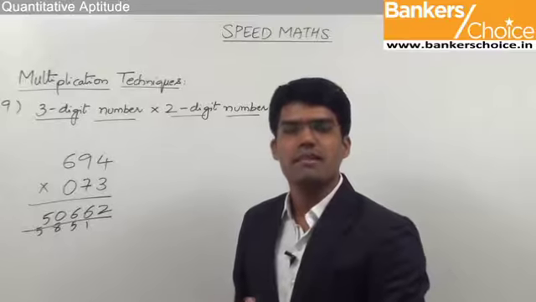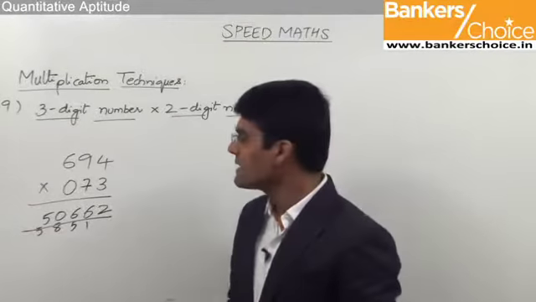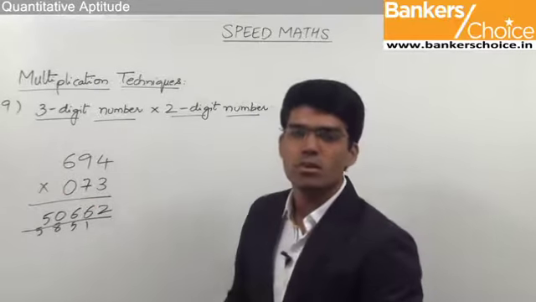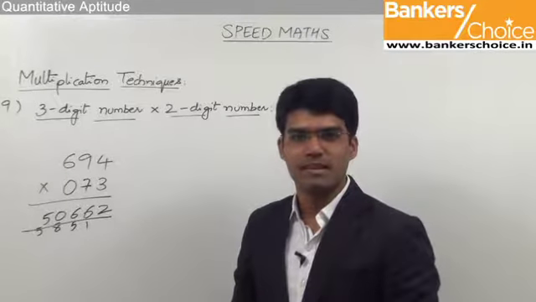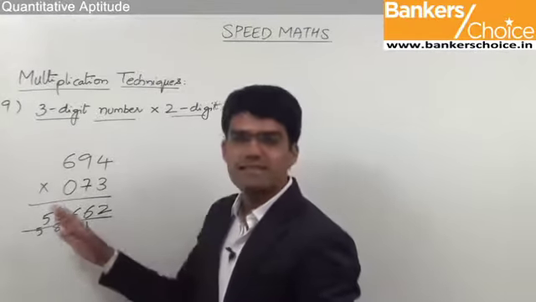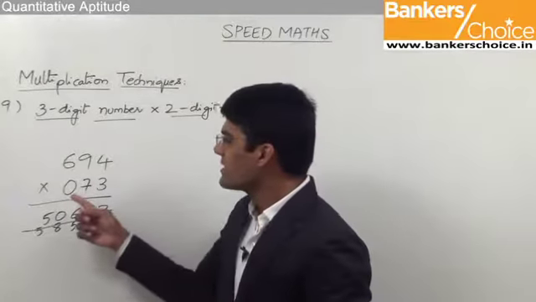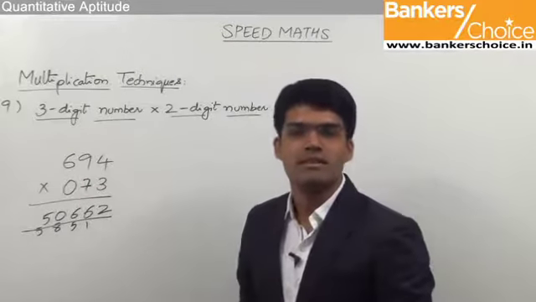The procedure remains the same as that of 3-digit multiplication, but the only point to be noted is that before we start the multiplication, we need to consider a 0 in front of the 2-digit number so that it appears like a 3-digit number. And in the fifth step, we actually have nothing to do, because one of the hundreds places is 0, so multiplication of hundreds places will anyhow result in 0.